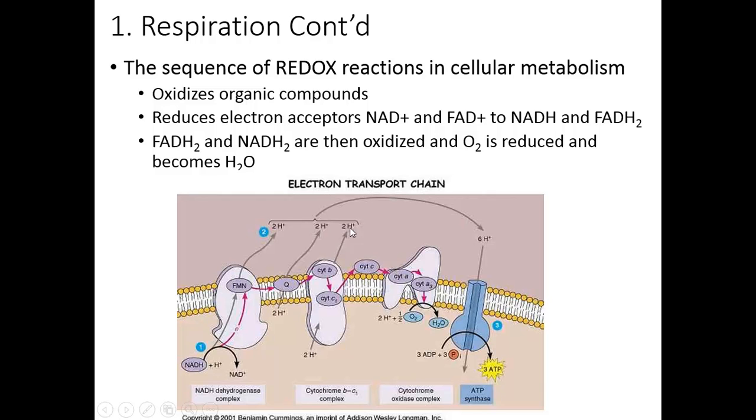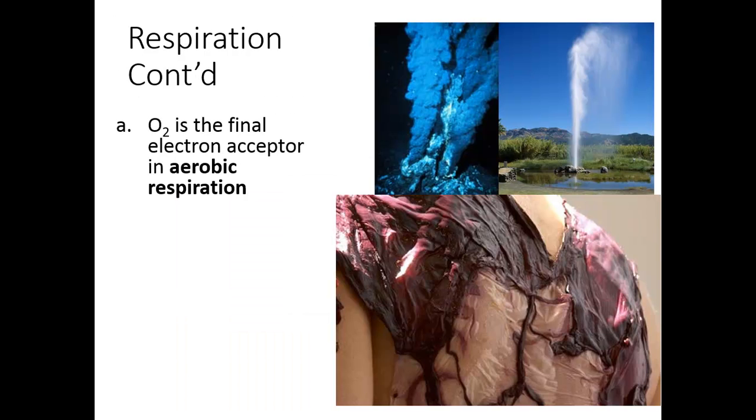And because of diffusion, they will want to go back down to the other side through this membrane. And when it does that, it causes this enzyme to convert ADP and phosphate molecules into ATP. Again, we're going to go into this in a lot more detail, but those are the basics of why oxidation and reduction are important to respiration.